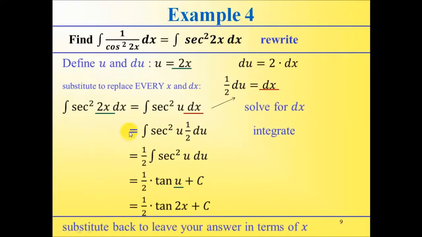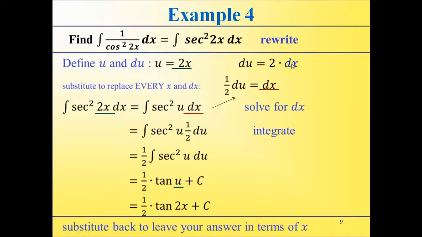Example 4, and it is a trigonometric function. We now find the integral of 1 over cos squared 2x dx, and it is the same, right, as secant squared 2x, right? Okay, so let's see. We must define u. u is equal to 2x, and if you differentiate this function, you get du is equal to 2 times dx.